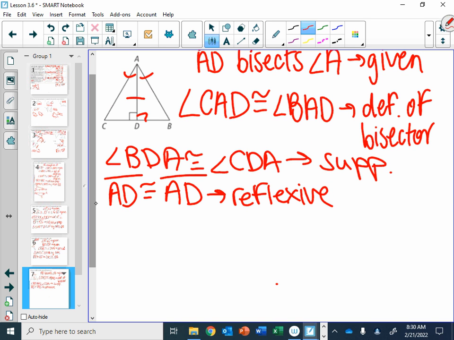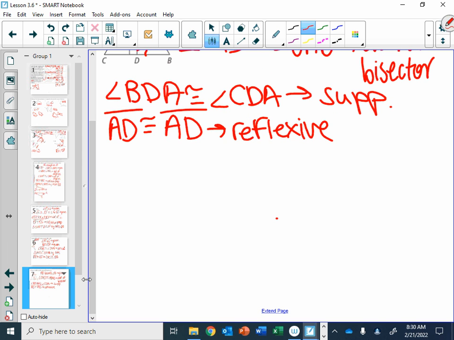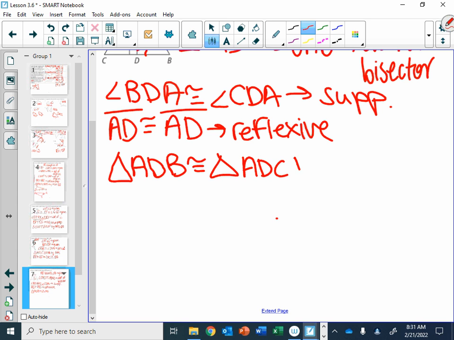Angle, angle, hypotenuse leg, side, angle. Good, I've got an angle, side in between, and another angle. So, I can finally say triangle ADB is congruent to triangle ADC by angle, side, angle.